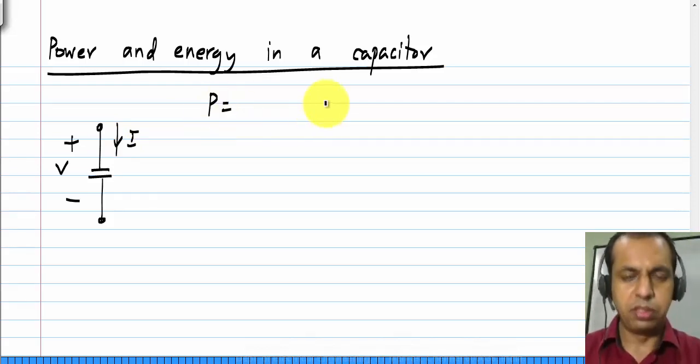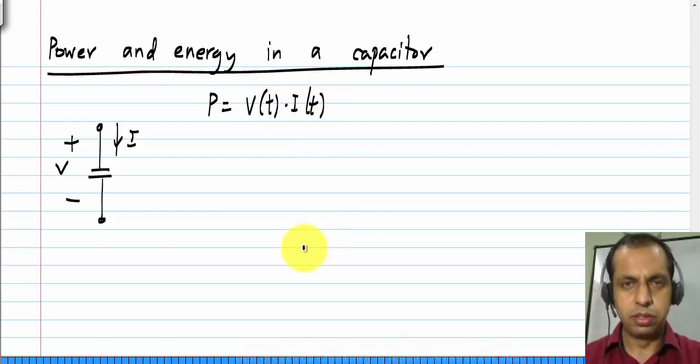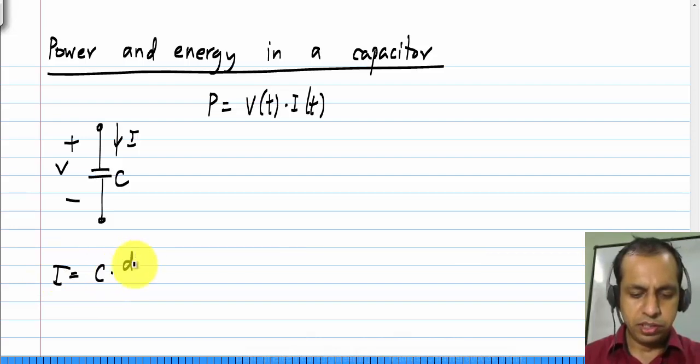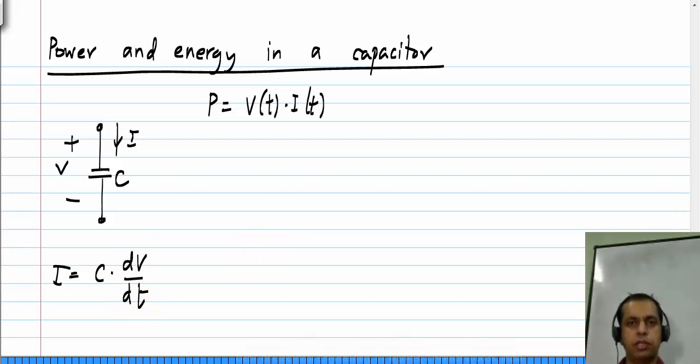Then the power, just like for any two-terminal element, is the product of voltage and current. But of course, the characteristic of a capacitor is that it enforces the relationship I equals C times the time derivative of voltage between the current and voltage.